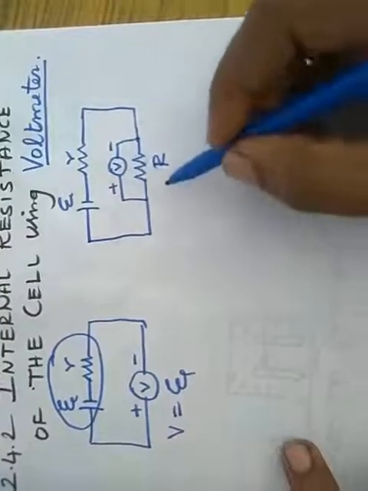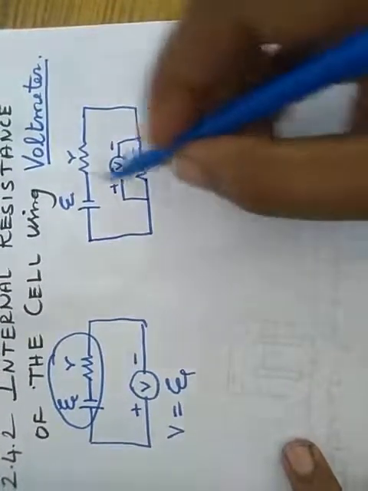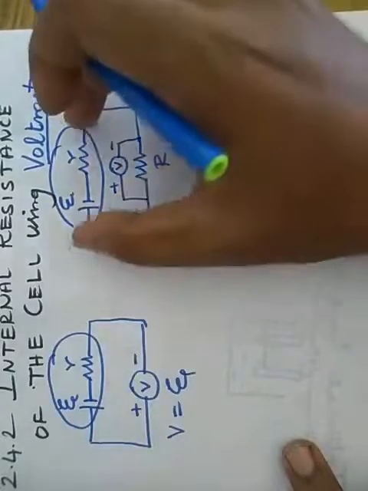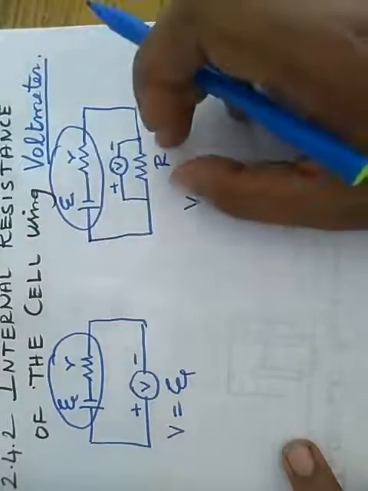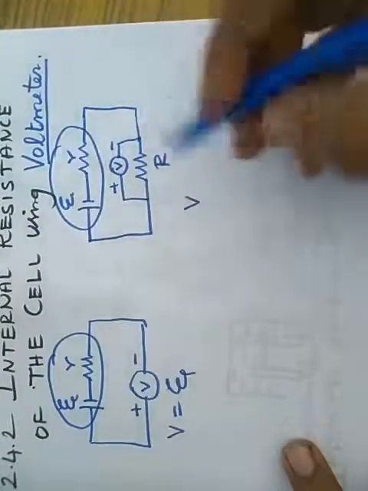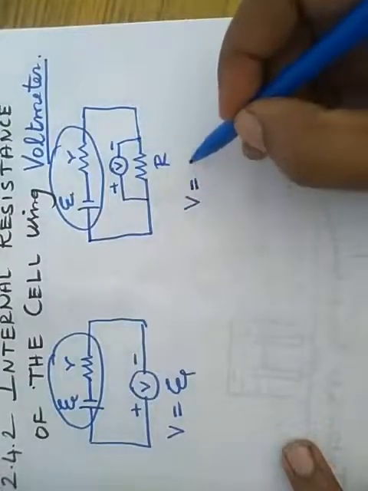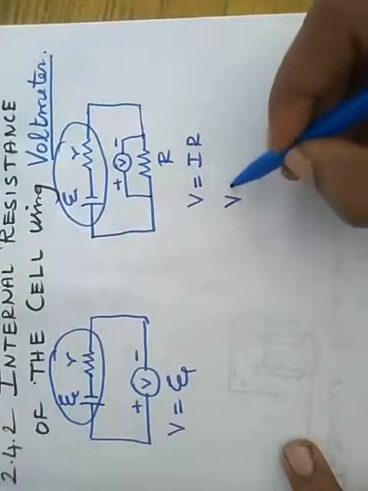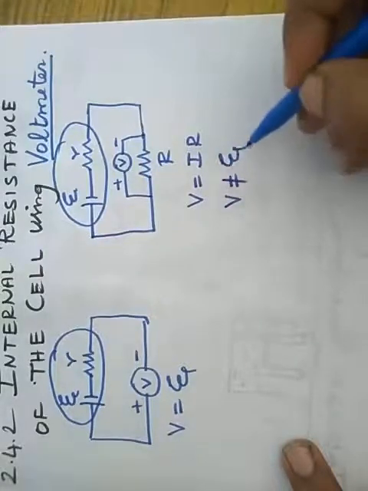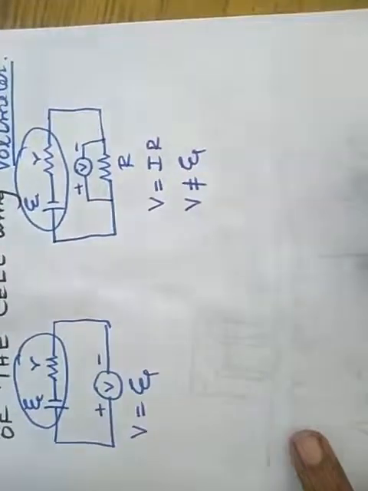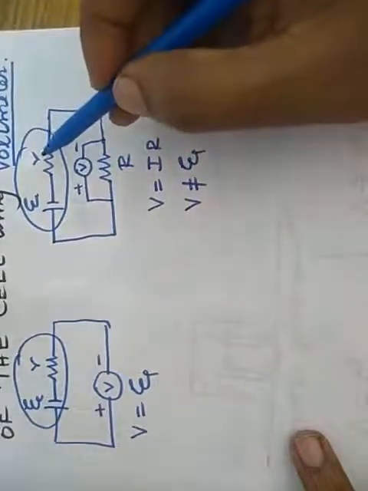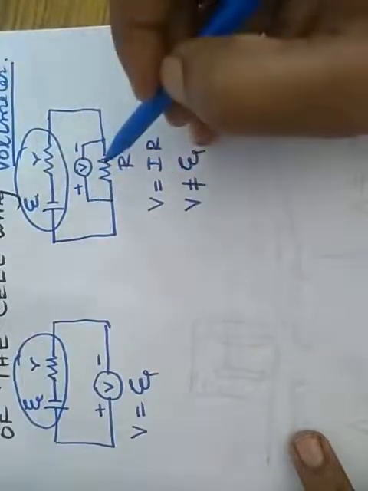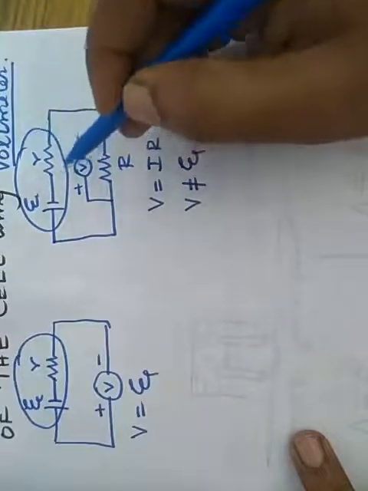Here the voltmeter reads the potential difference across this resistor, that is V equals IR. This V is not equal to the EMF of the cell, because here a resistor is present. After this connection, current will flow in the circuit. Here the current is the same, but some voltage drop is there.